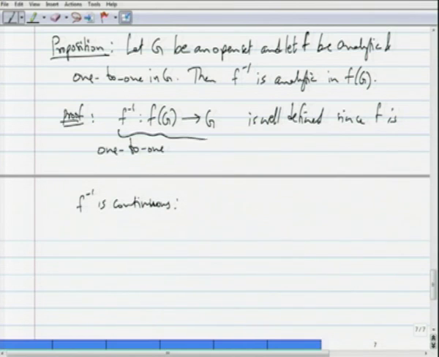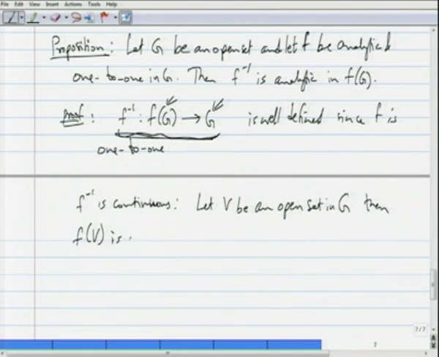So, here is f inverse from f of G to G. If I pick an open set here, I will show that the inverse image of that is open in f of G. So, let V be an open set in G. Then f of V is open in f of G because of the open mapping theorem.